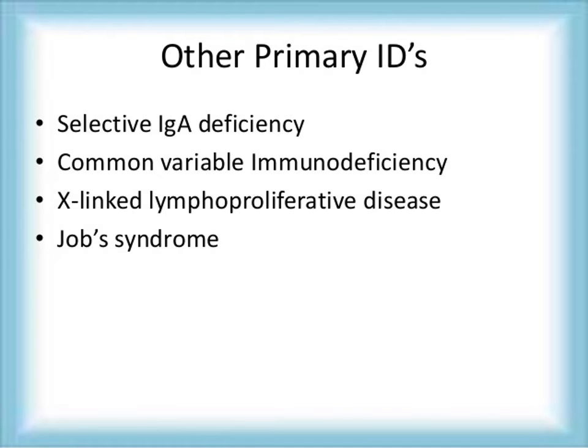Other primary immunodeficiency syndromes are selective IgA deficiency and common variable immunodeficiency. Selective IgA deficiency is a common immunodeficiency, and there is virtually absent serum IgA immunoglobulin in the body that results in defective mucosal response.